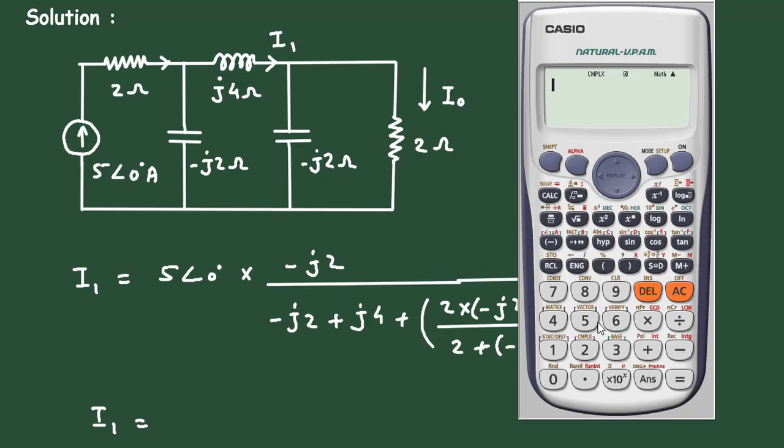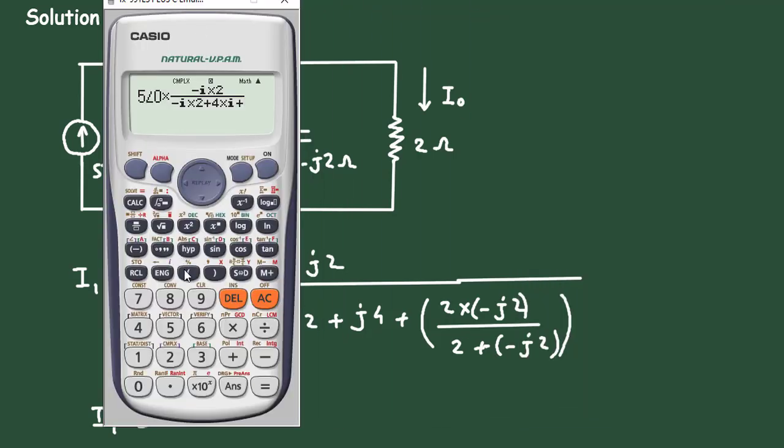Let's solve this in the calculator. 5 at an angle 0 multiplied with minus J into 2 divided by minus J into 2 plus 4J, plus, now in bracket, 2 into minus J into 2 divided by 2 plus minus J into 2, bracket close.